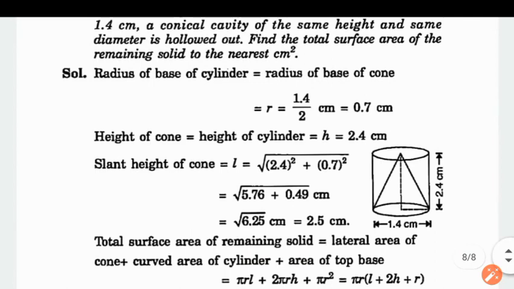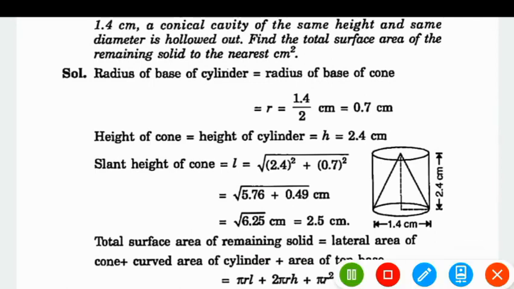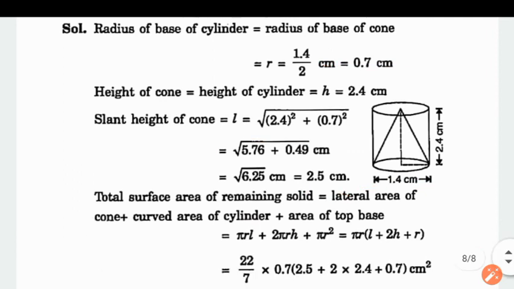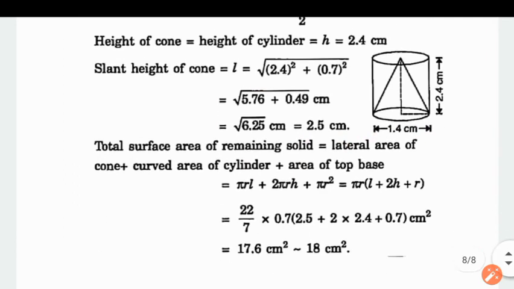But in this question we don't have l. We don't know the slant height, but we know the height, and since the diameter is 1.4, the radius is 0.7, so we know the formula to find l: root over h square plus r square. So l is 2.5 centimeter. Okay, so here on your screen is the total surface area of the remaining solid.